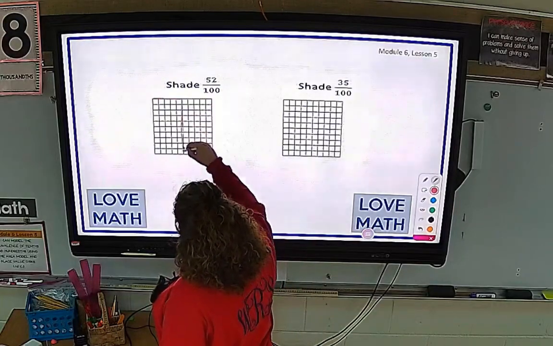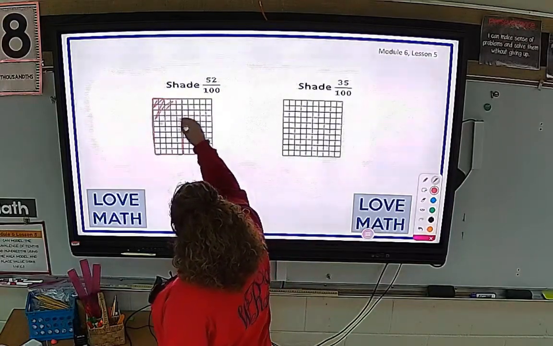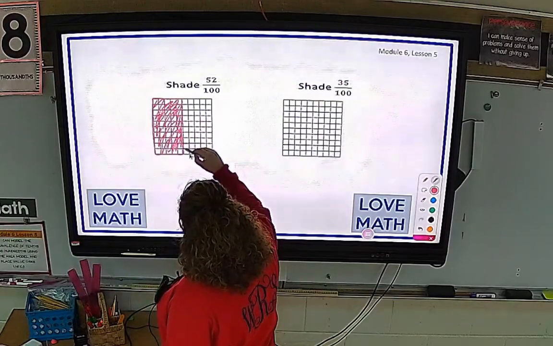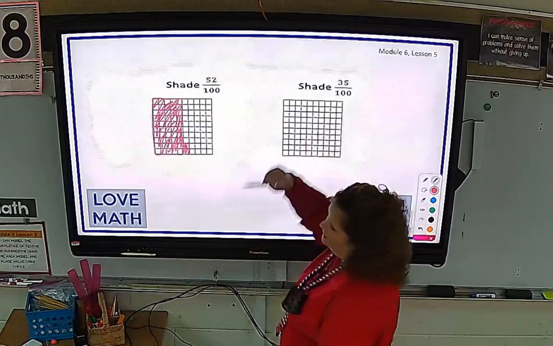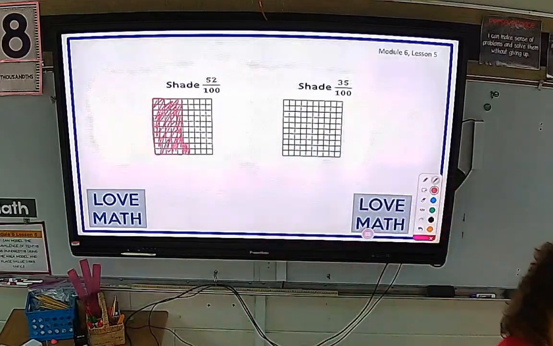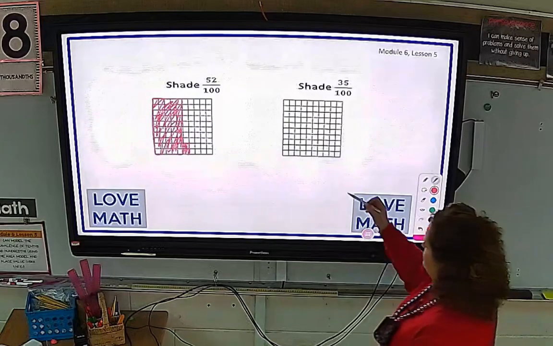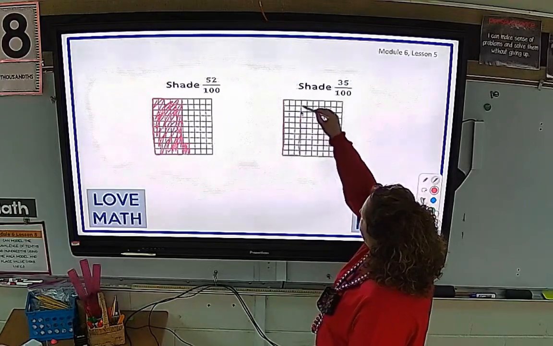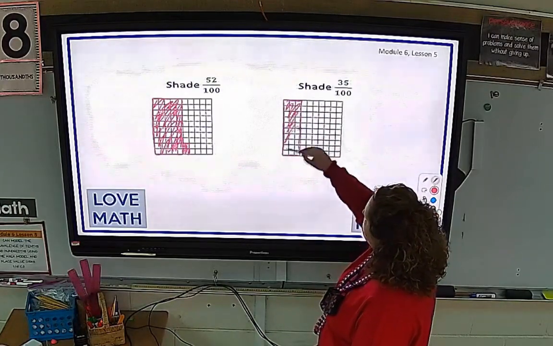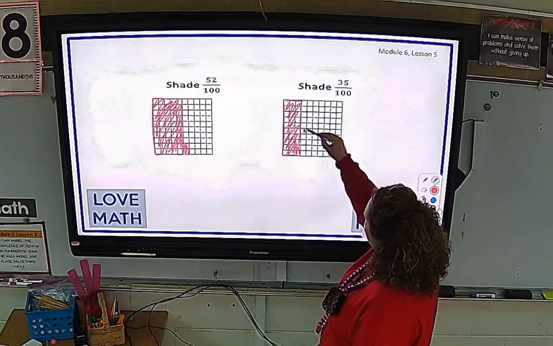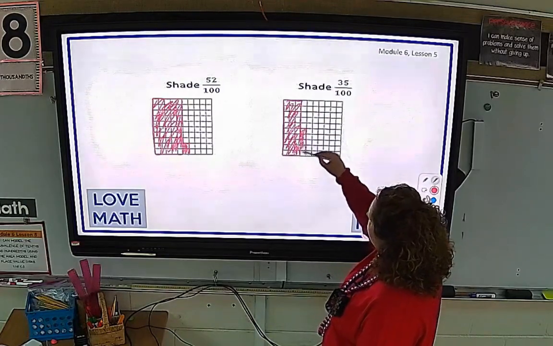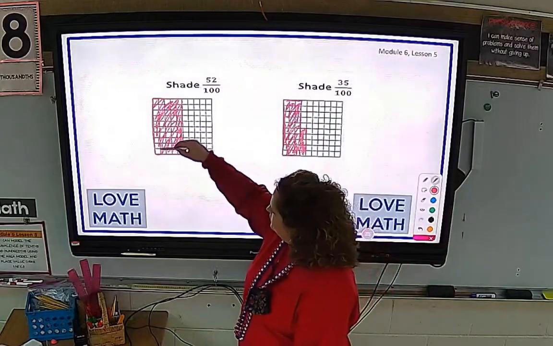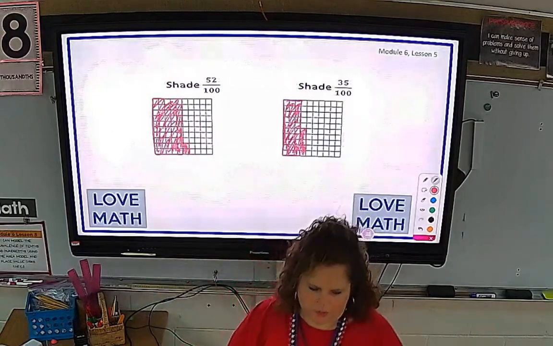Grab 5 of those at once. On your second hundredths box, I'm going to do 35 hundredths. If you outline them, it makes it easier to see exactly what you were trying to shade in.